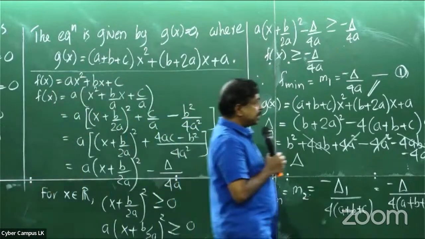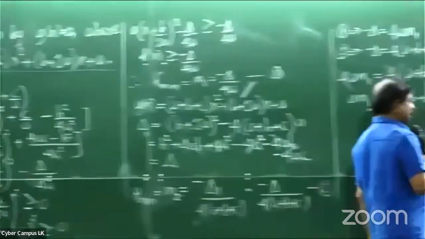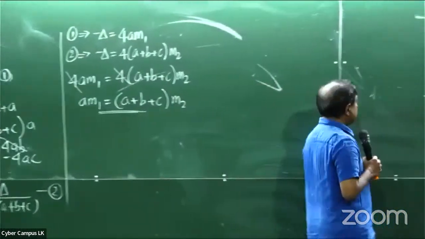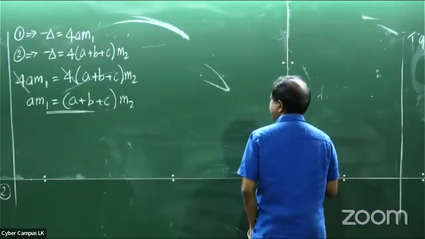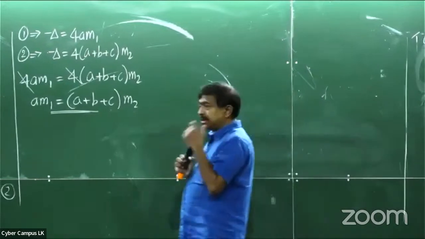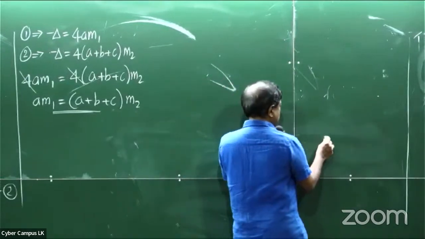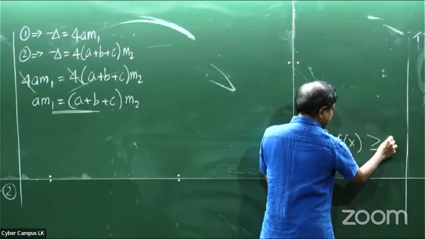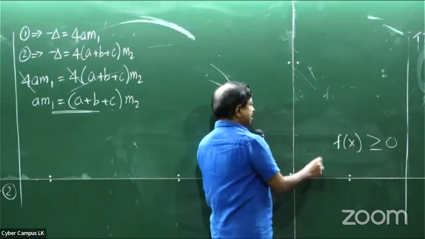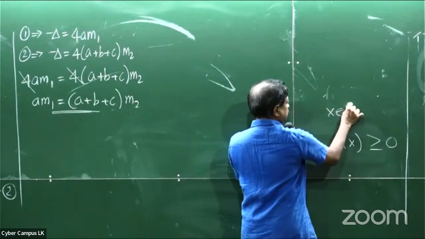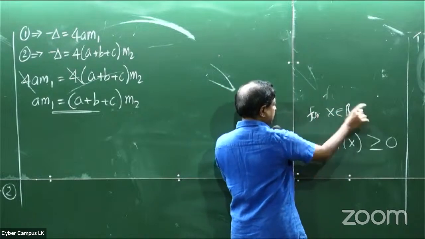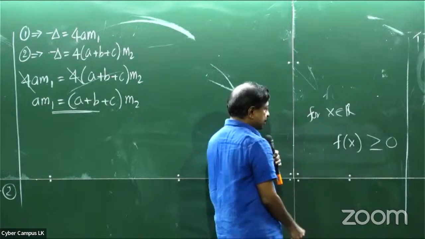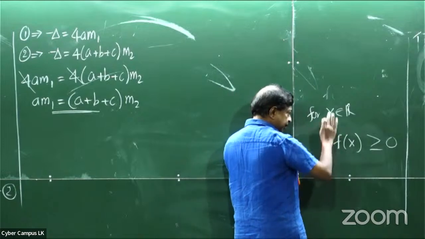Okay, now we'll see how to do the other part. Okay, this is the last part. You have to show that f(x) is greater than or equal to 0 for all x in R if and only if g(x) is greater than or equal to 0.